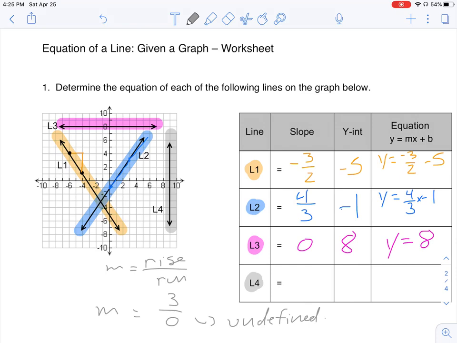So that is why the slope of a vertical line is undefined. Is there a y-intercept? No, none. So the equation of this line is just simply x equals 9. So this line only touches 9 on the x-axis. That's it. Nothing else.